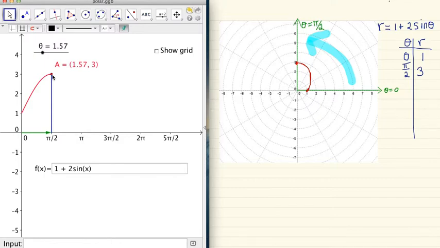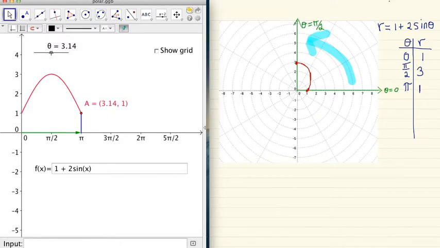Now let's go to quadrant 2. I look at the curve between pi over 2 and pi. When theta is pi, I'll put that on my list, r would be 1 plus 2 sine pi, so 1.